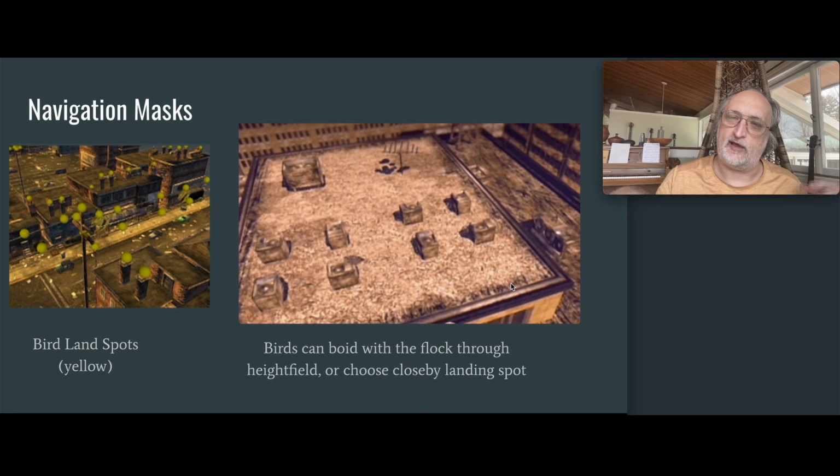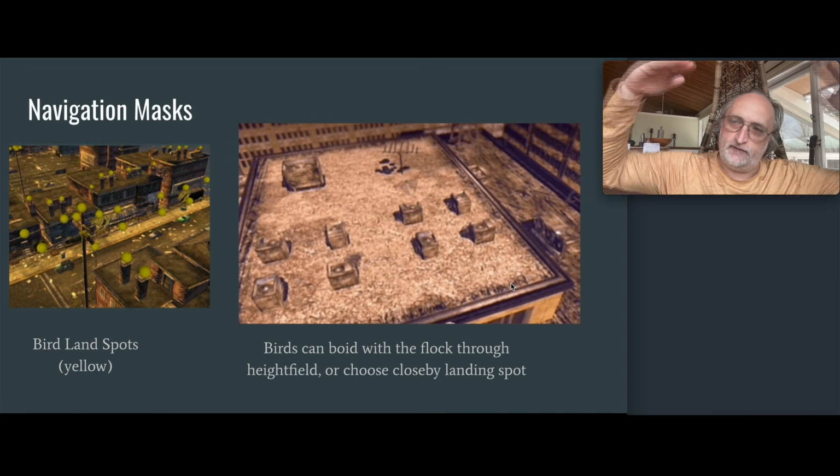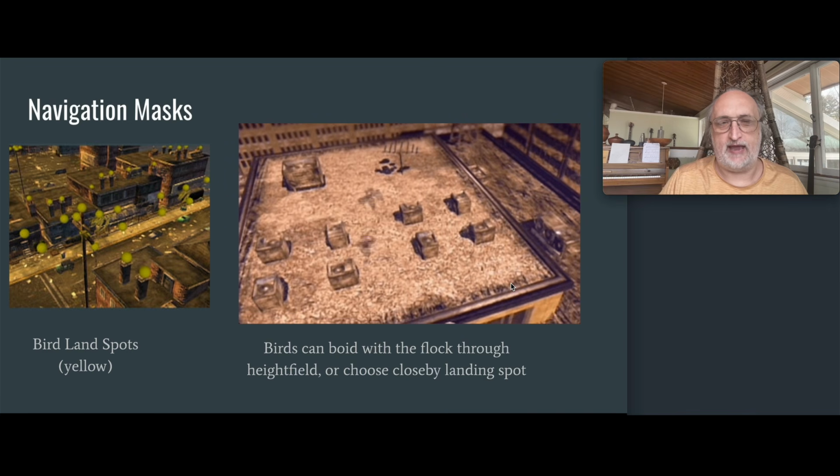So they're flying through this kind of low-res version of the level up high. And then because we can pack these transforms down really small, and when we just need a position, we're just using 3 shorts, essentially. So we had all these bird landing spots, which is what you see here, these little yellow balls on things. They wouldn't render to the user, but that's how we place them. And we just placed them in the prefabs, and they just showed up all over the level.